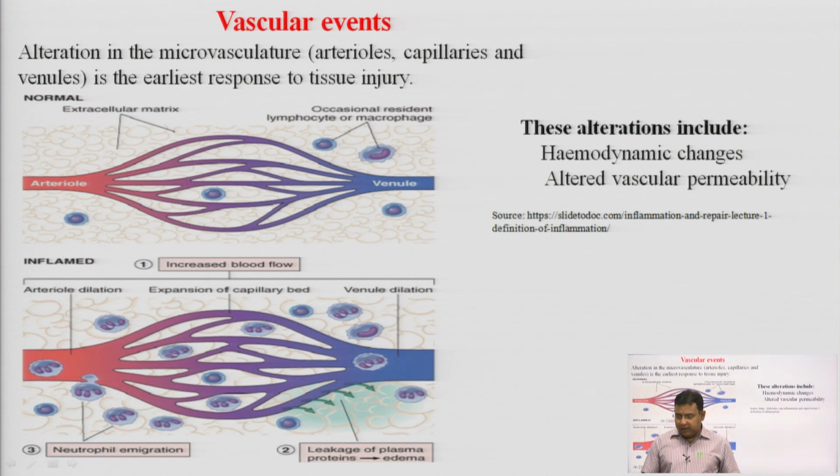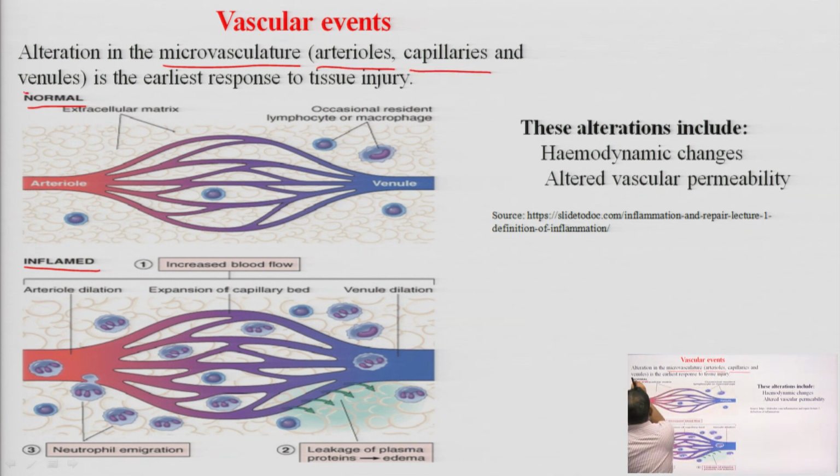Now, come to the vascular events, which have been shown nicely. The first one is normal circulation, the second is the inflamed circulation. Inflamed means when there is inflammation. Vascular events: alteration in the microvasculature, at the arterioles, capillaries and venules.